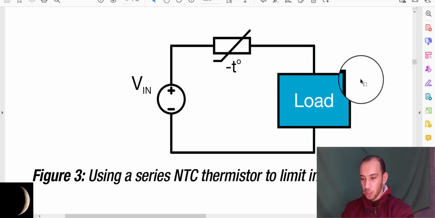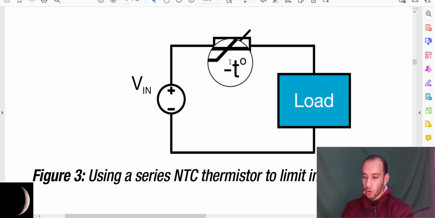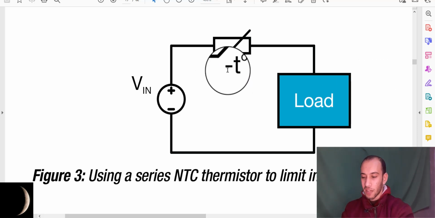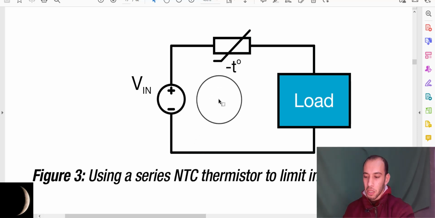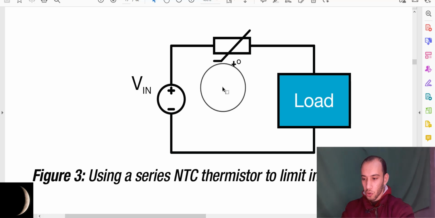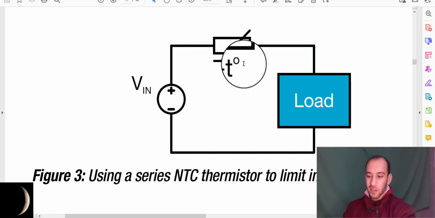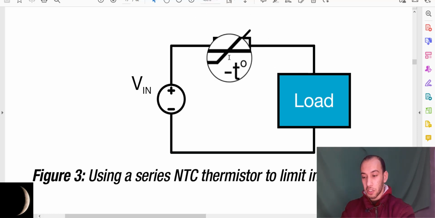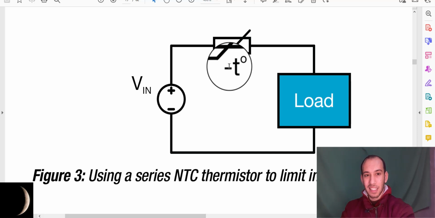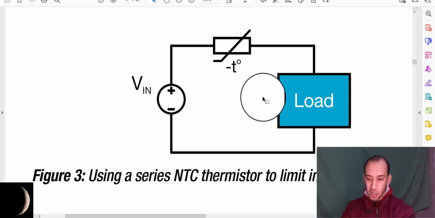The disadvantage of this solution is the power dissipated in the resistance. Another sub-solution of the passive solution is the NTC, or negative temperature coefficient. As you know, this NTC is a resistance dependent on the temperature. So when the temperature rises, the resistance will decrease. At the start, the NTC is cool, so the resistance will be at its maximum, so the inrush current will be low.